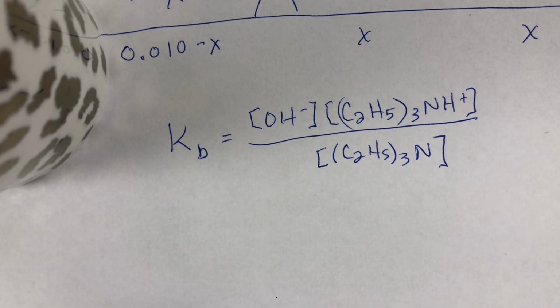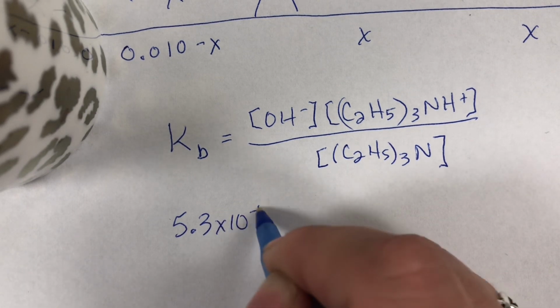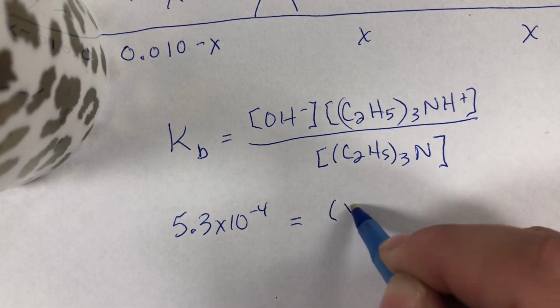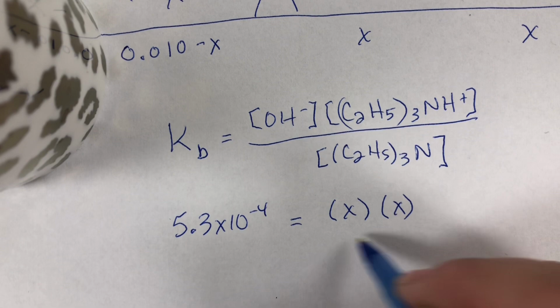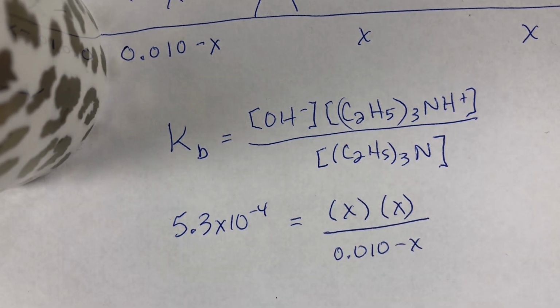So we have the value for Kb. They told us that it was 5.3 times 10 to the -4th. And then we have X for OH, X for the positive ion, and then 0.010 minus X.